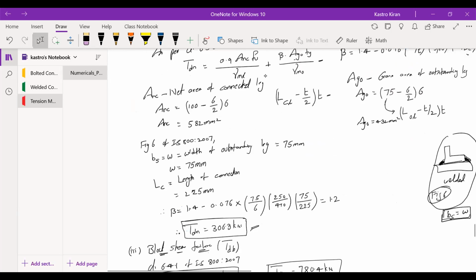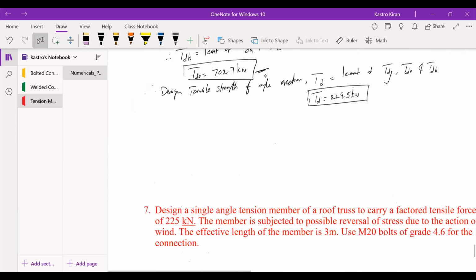And the second thing which you have to solve is, since the average length is given, you have to find out the length of weld at top and the length of weld at bottom. How to find this? So let's make a heading: proportioning of weld. So how will you proportion?